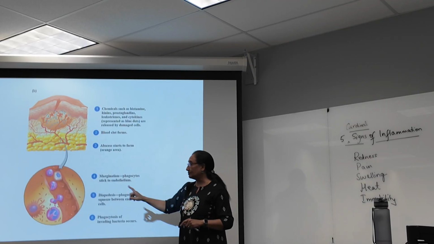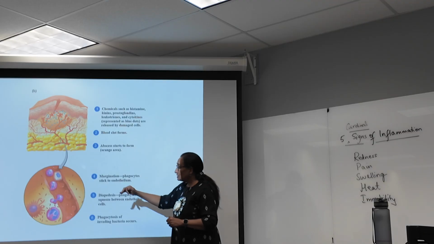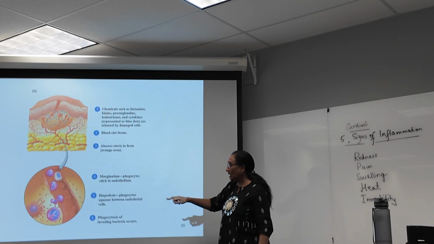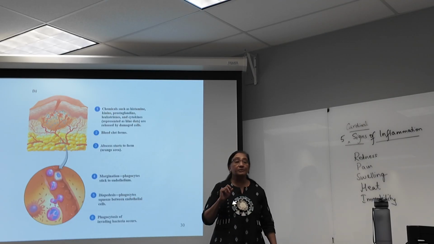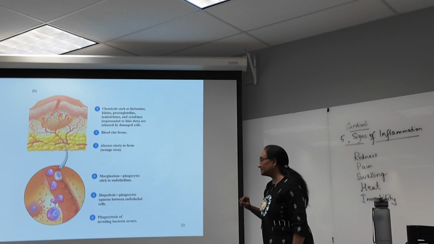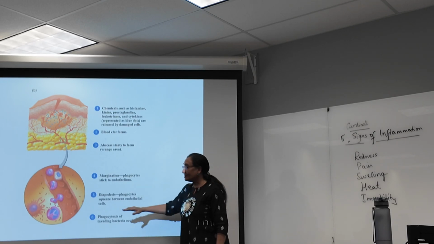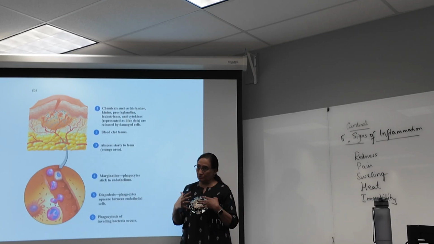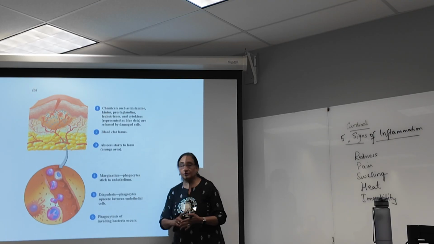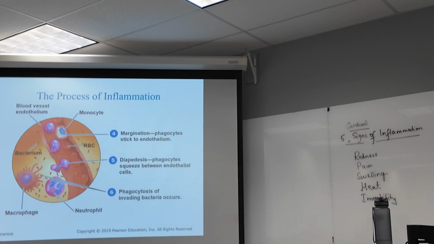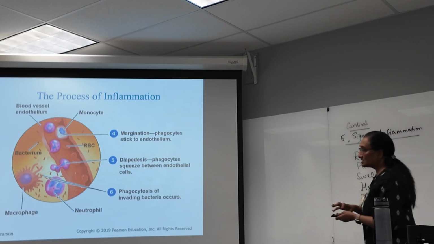That is the endothelium. So this process by which the white blood cells squeeze themselves out is called diapedesis. Okay, so they squeeze between the cells and they come out, and then of course they start phagocytosing the bacteria. And this is what finally leads to the inflammation that you are seeing.